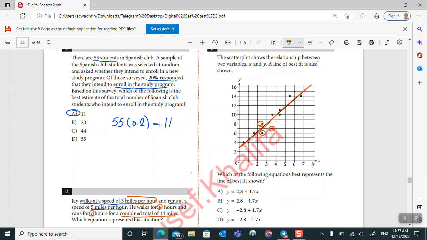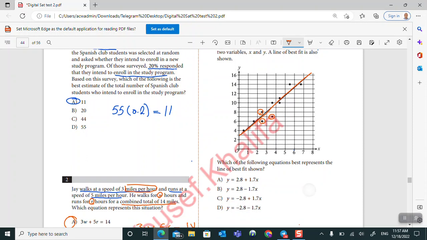So all what you have to do is to take 2 points, and I prefer you take one at the end and the initial point, which is the y-intercept, because usually these are the most accurate ones. So 7 and 15, and the other one is 0 and 3.